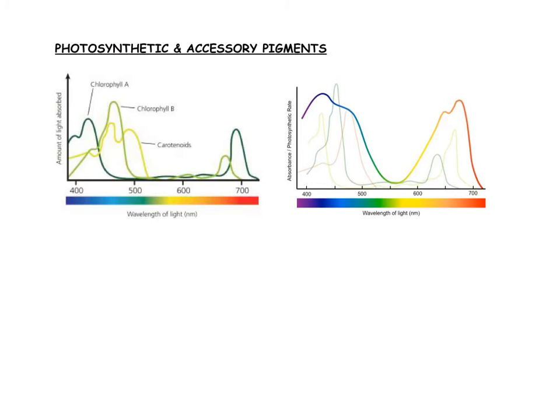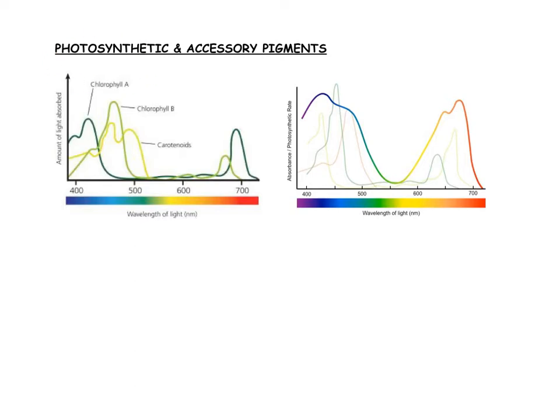So I want to distinguish between photosynthetic and accessory pigments. When I think of the word accessory, I think of something that is like an add-on. And that's essentially what an accessory pigment is. It's an add-on pigment that also helps to support our basic fundamental photosynthetic pigments.